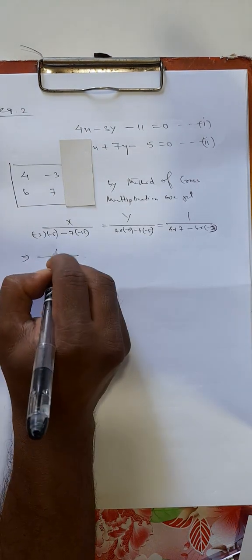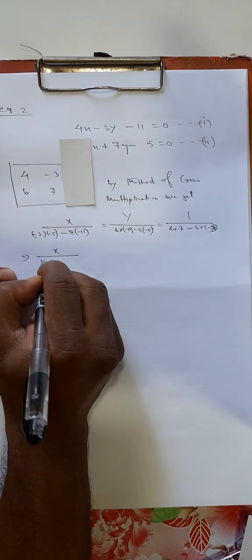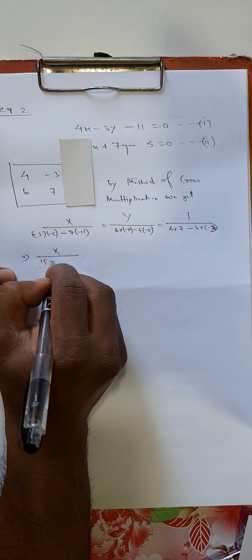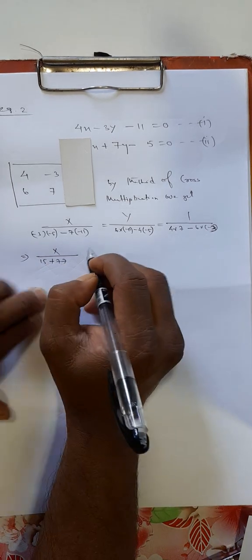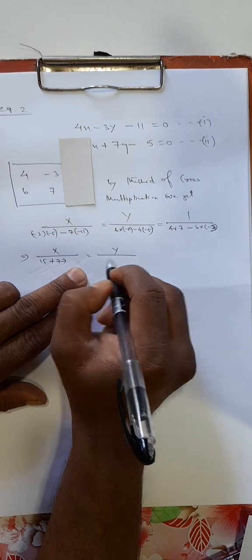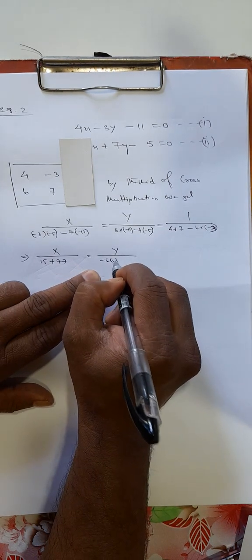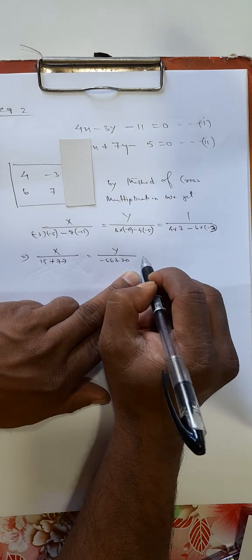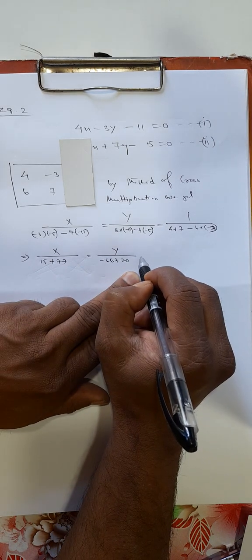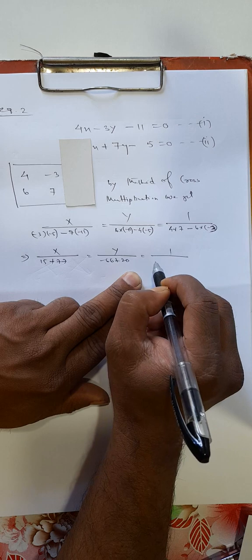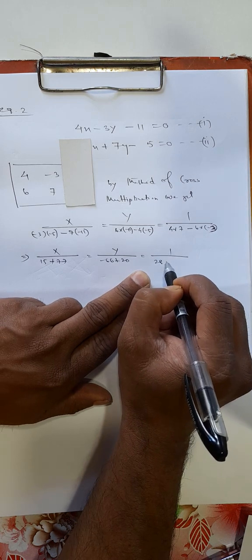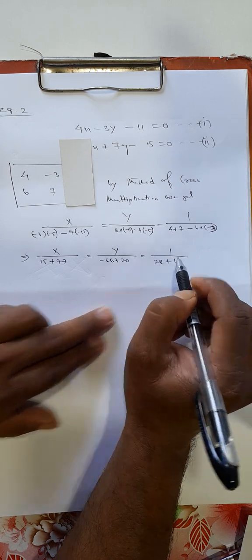This implies x by 15 plus 77, y divided by minus 66 plus 20, equal to 1 divided by 28 plus 18.